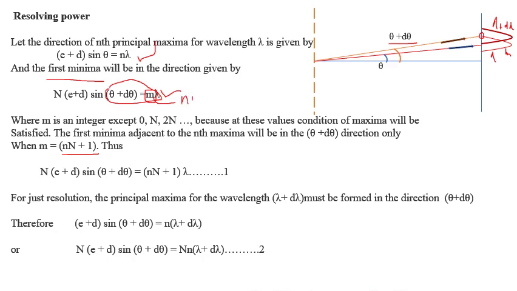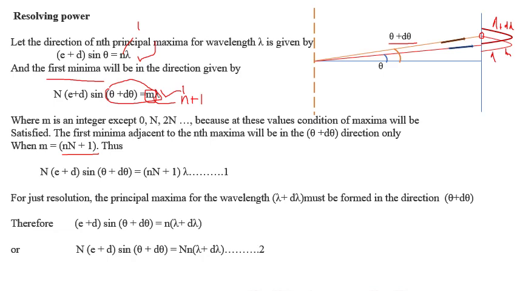That would mean nth is the position of the first maxima, and if you write the first minima position as n plus 1, it is incorrect. If you substitute the value of n as 1, then 1 plus 1 is 2, and this satisfies the position of the second maxima. So if we put n plus 1, it is incorrect.